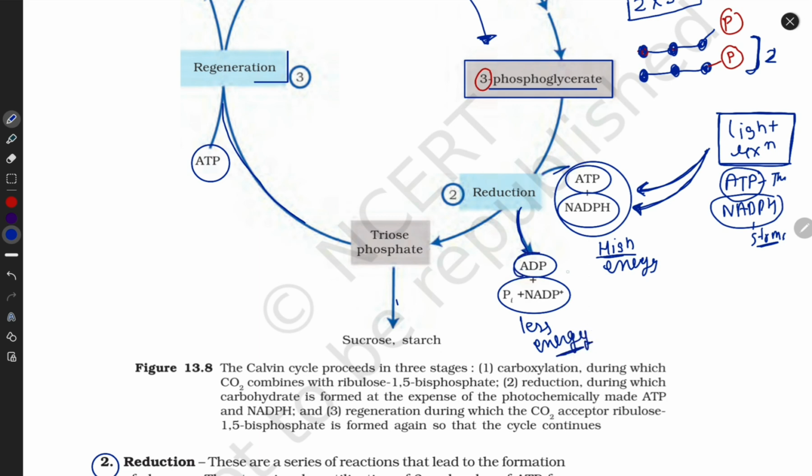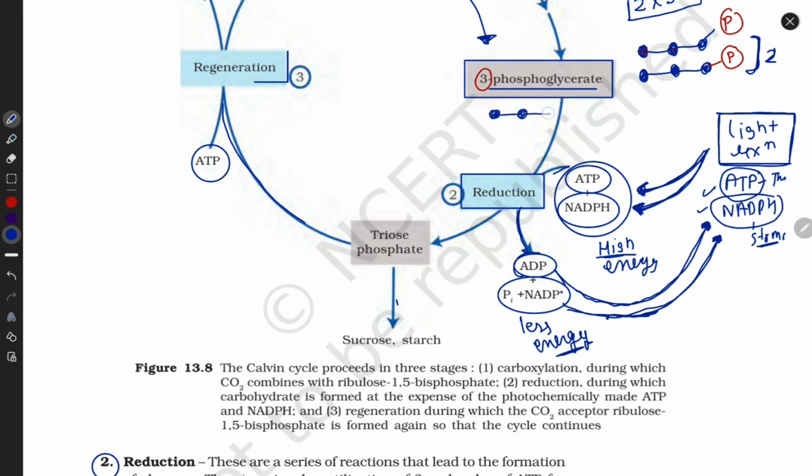Now this again goes toward the light reaction and takes part in ATP and NADPH formation. Now this term is clear. Where ATP is coming from, where it goes, and where this less energy form goes back to take some more energy. Clear, guys?